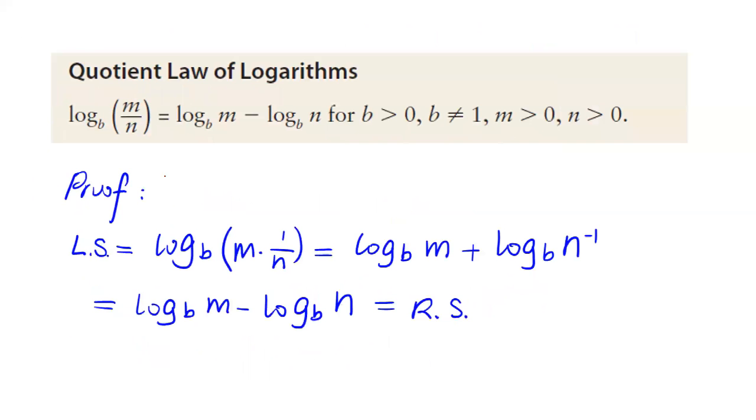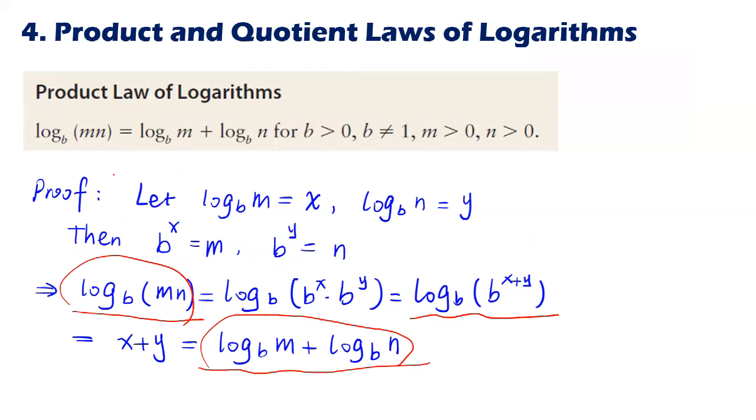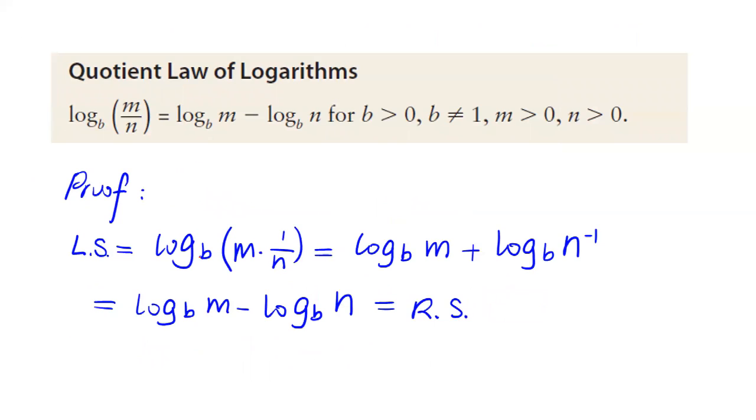Okay, as to the quotient law of logarithms, if we have already proved the product law of logarithms, we can prove it using the following method. The quotient of m and n can be expressed as m times the reciprocal of n, right?